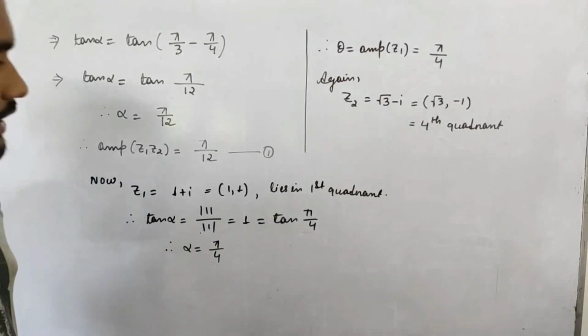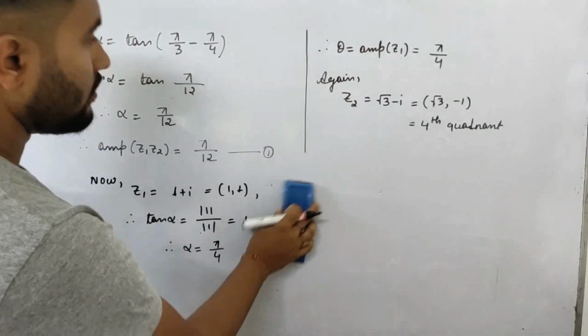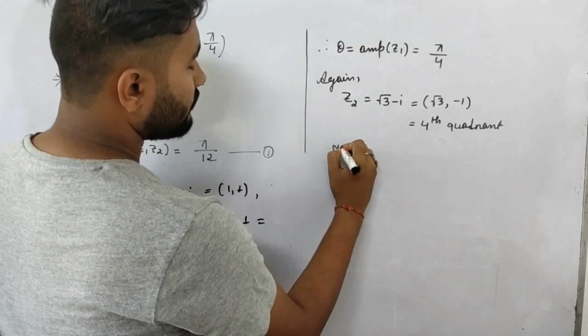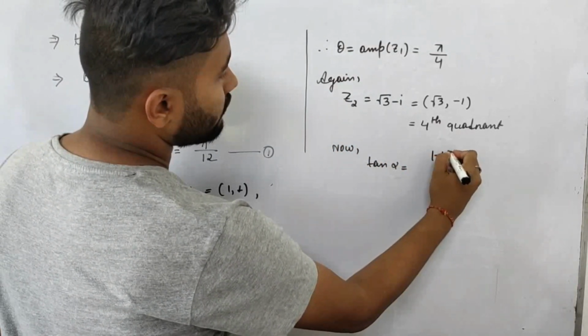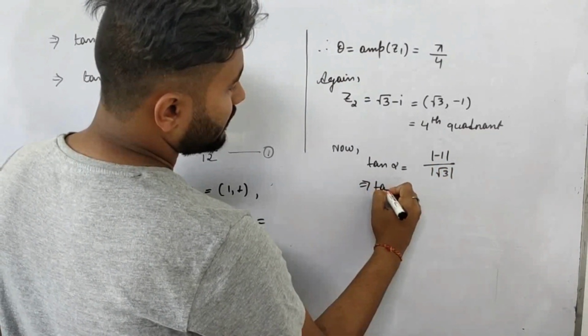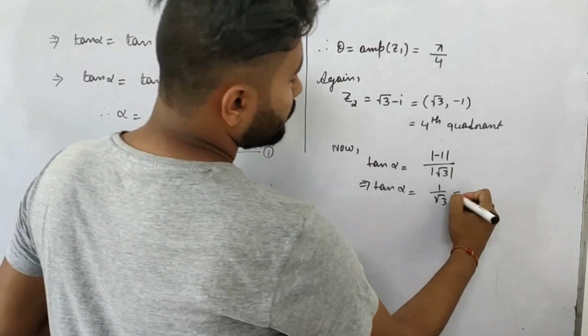So again, let us find what alpha will be. Tan of alpha will be equal to modulus of minus 1 by modulus of root 3, which implies tan of alpha will be equal to 1 by root 3. What is 1 by root 3?